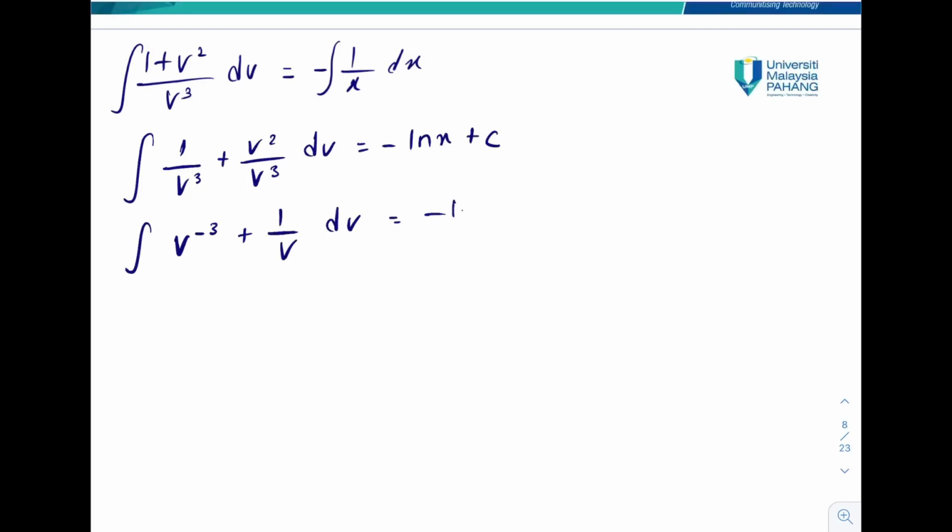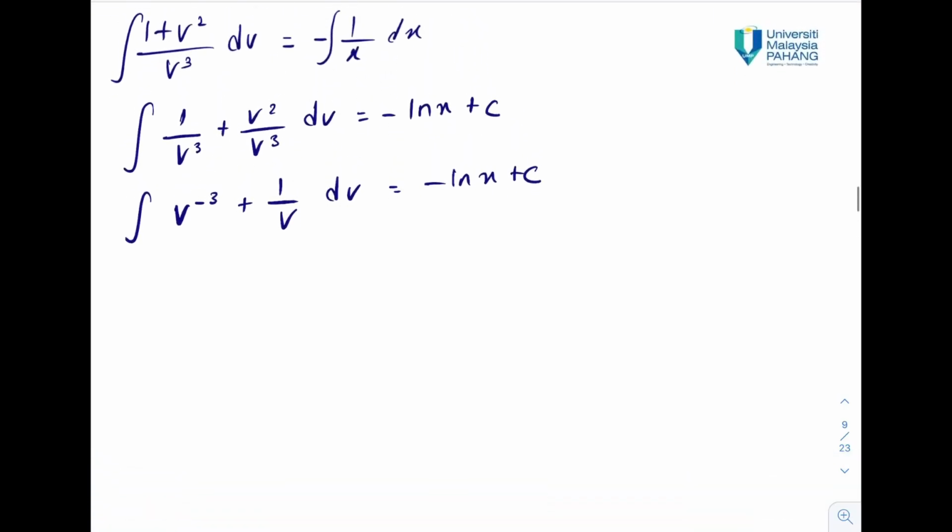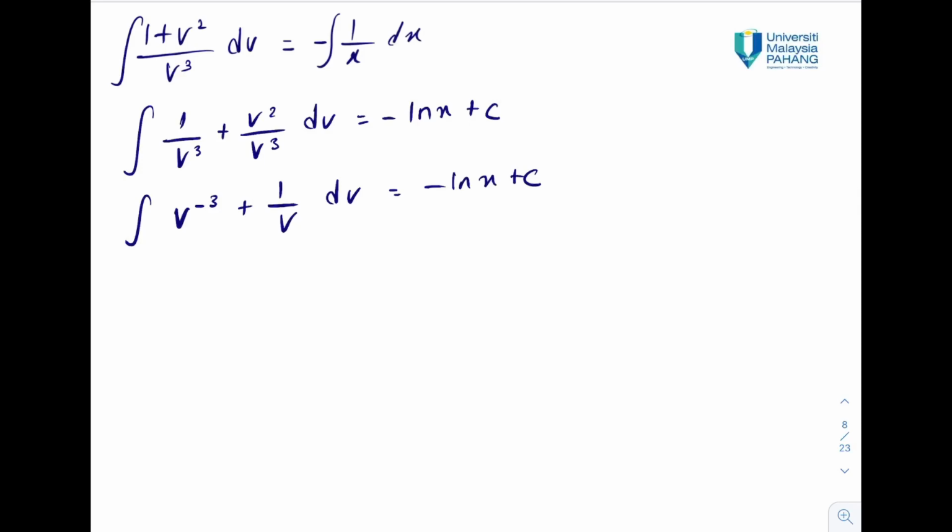Then v to the power negative 3 integrates to v to the power negative 2 divided by negative 2, plus ln v equals negative ln x plus c.